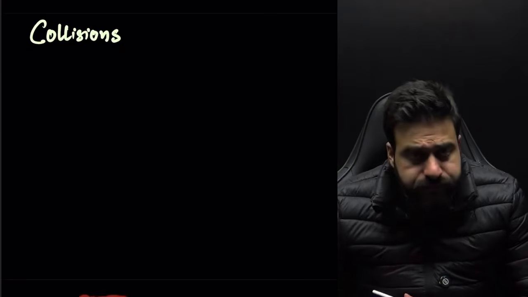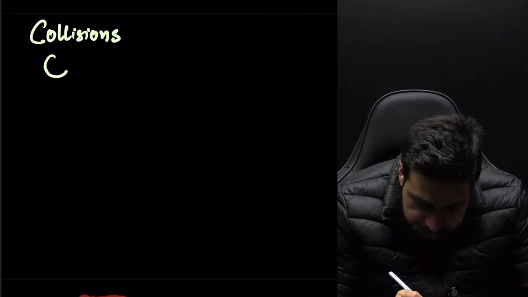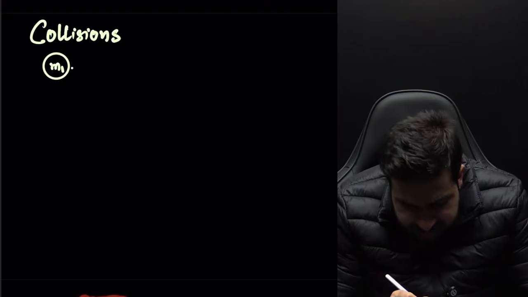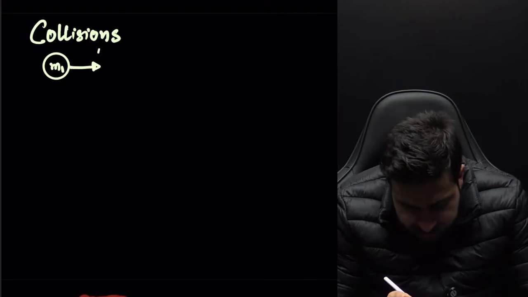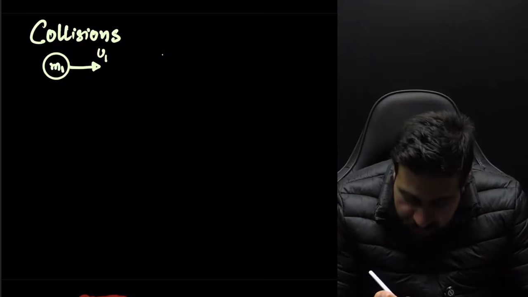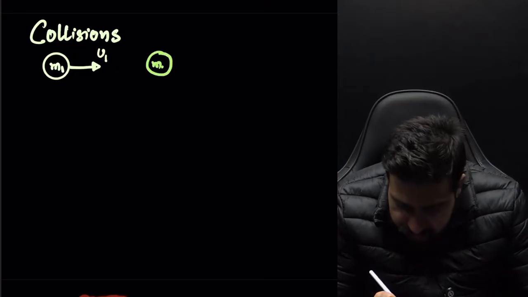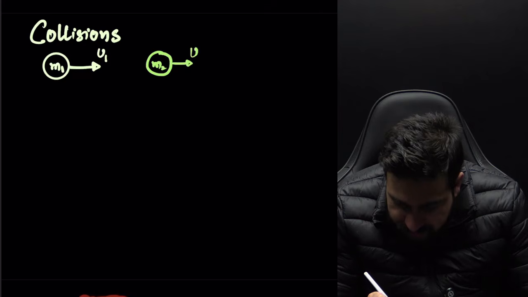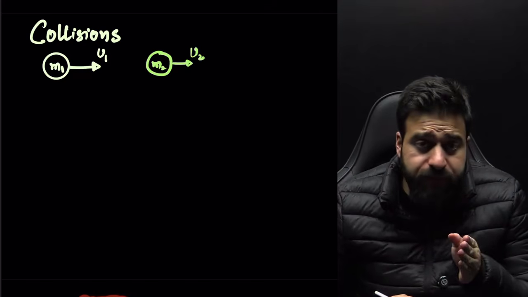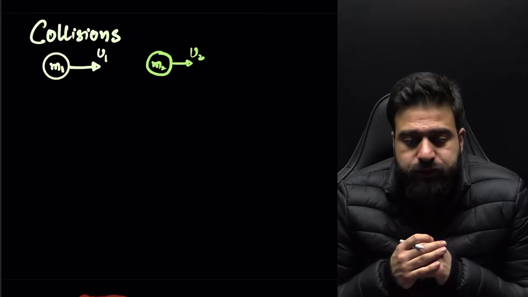See, guys, let's suppose you have a mass over here that is m1. It is moving with a certain speed, let's suppose u1. And over here there is mass m2, moving with speed u2.